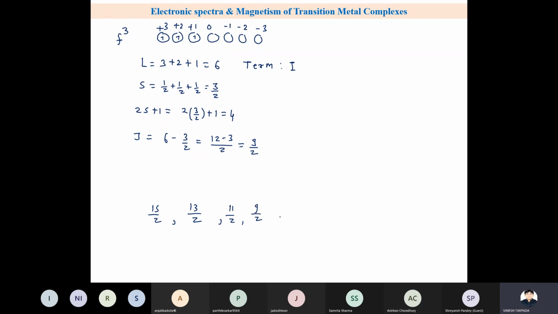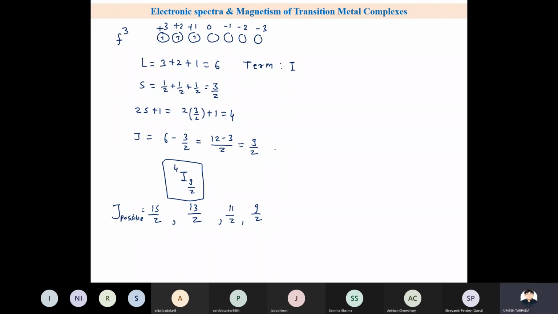So these are the possible J values. Which value are we using? We are using 9 by 2, for less than half filled. So its term symbol becomes I, multiplicity 4, J 9 by 2.